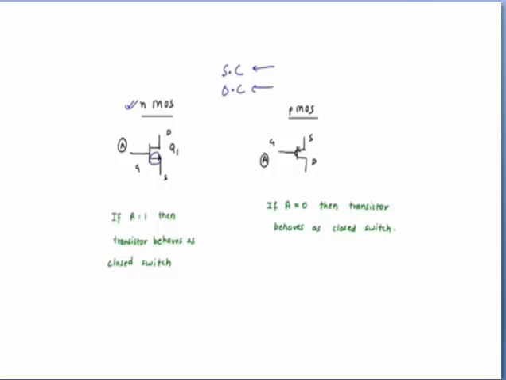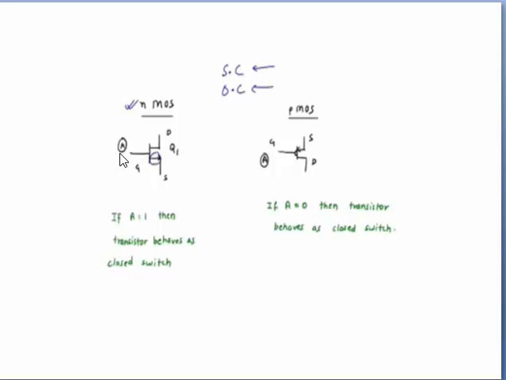In this slide, we will see how NMOS and PMOS behave as a short circuit and an open circuit. First, NMOS, because the current flows from drain to source. We have three terminals, and the input at the gate side, and this MOSFET will behave as a short circuit or an open circuit.